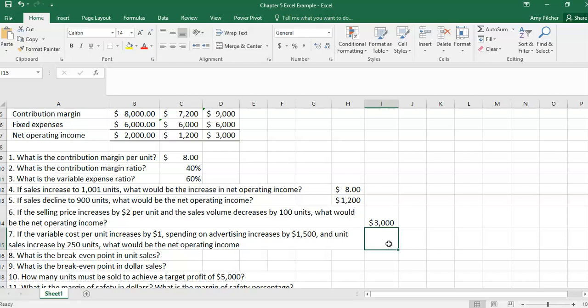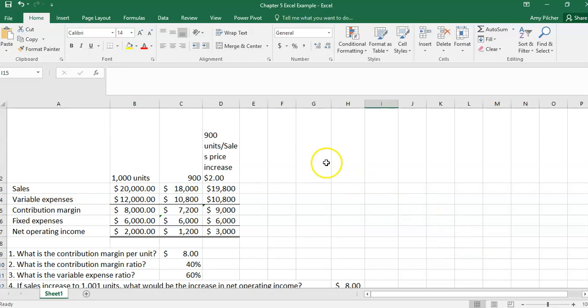Number 7 says if the variable cost per unit increases by $1, spending on advertising increases by $1,500, and unit sales increases by 250 units, what would be the net operating income? Okay, that's a lot of steps.